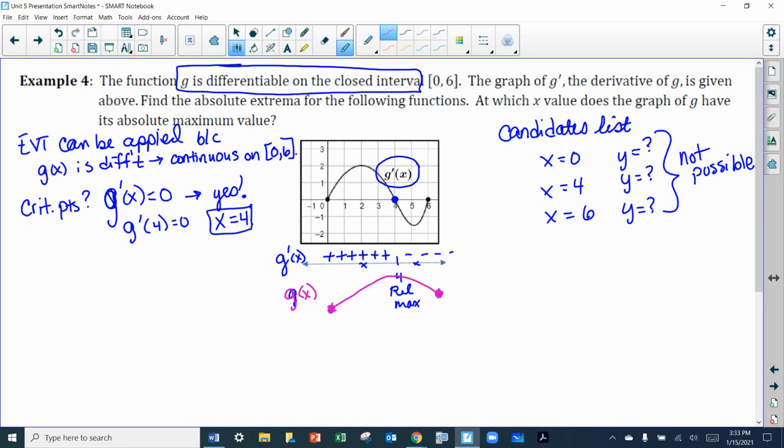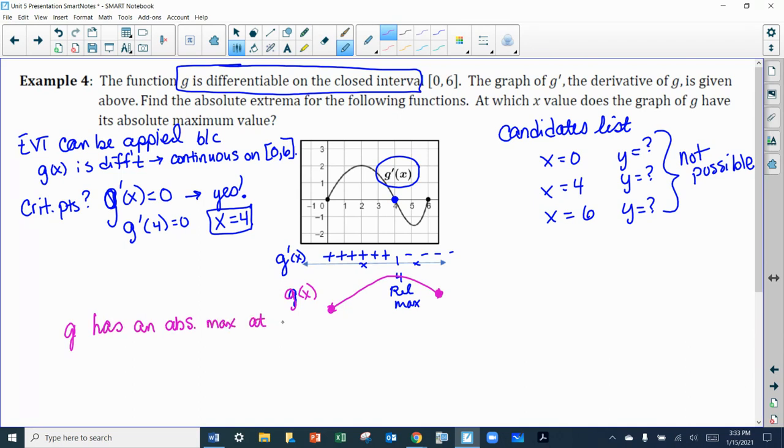So how are we going to write that out? We put a lot of words and a lot of thought into this. Let's see if we can say it concisely. g has an absolute max.